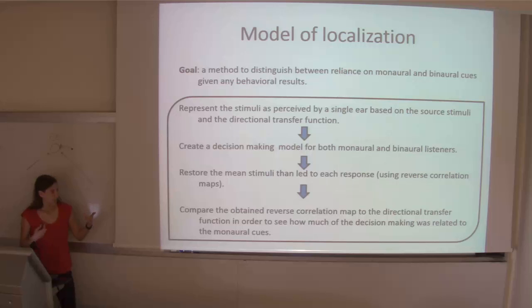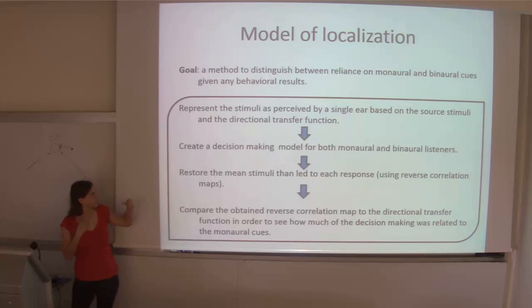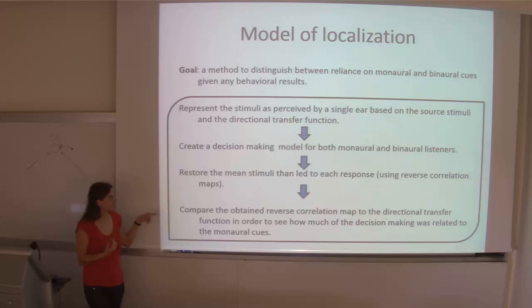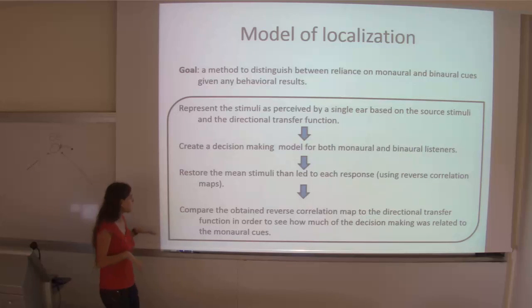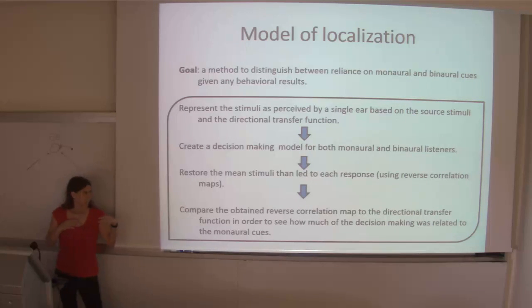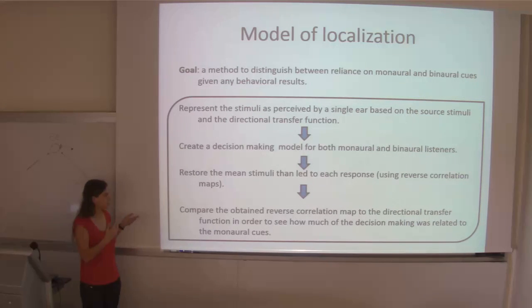Then, after they had the decision-making mechanism, they wanted to restore the mean stimulus that led to each response. This is done using reverse correlation maps, which I will explain soon. And then they compare the obtained reverse correlation maps to the original directional transfer function, which represents the cues from the single ear, and see how similar they are, which means how much they relied on those cues.